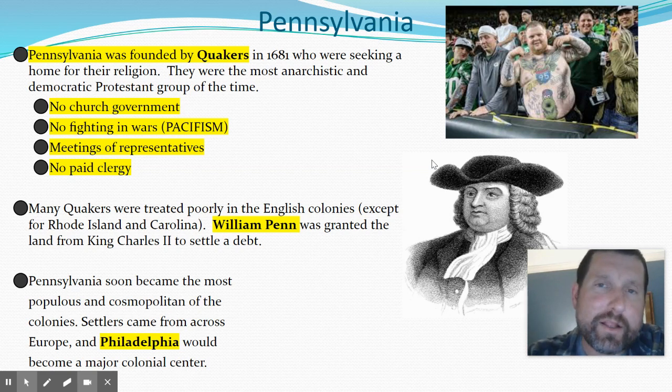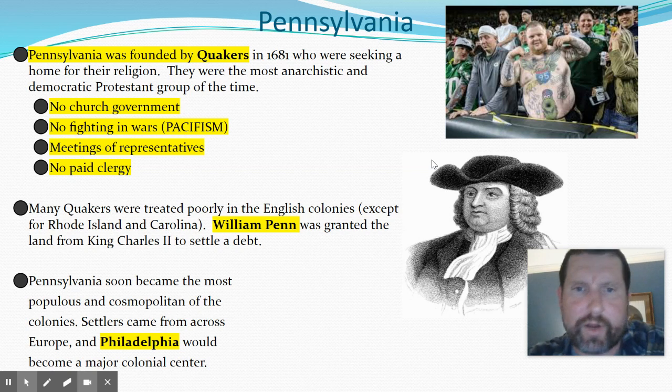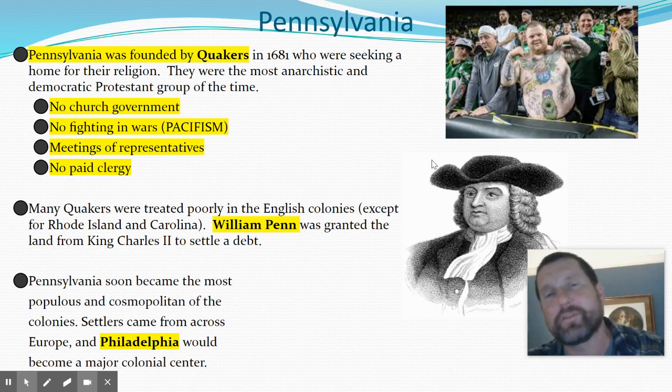So the English clearly, as you can probably surmise based upon our reading and some of the conversations we at least have hinted at, have an entirely different culture, and a lot of Quakers are treated poorly in different areas. But William Penn settles a debt with King Charles and is given the land that would make up the vast majority of Pennsylvania.